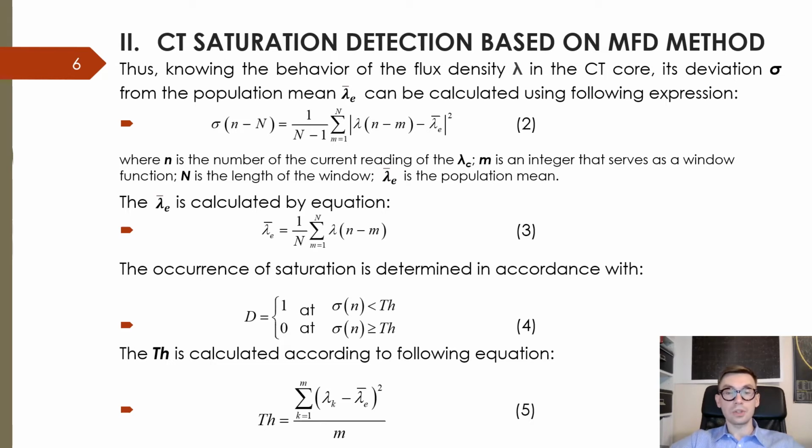All the calculations are based on the possibilities provided by digital substation standards, in particular the 80 measurement points at the period of the sine or saturated current wave.